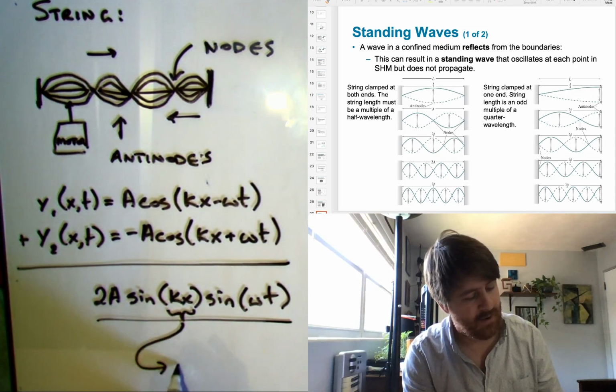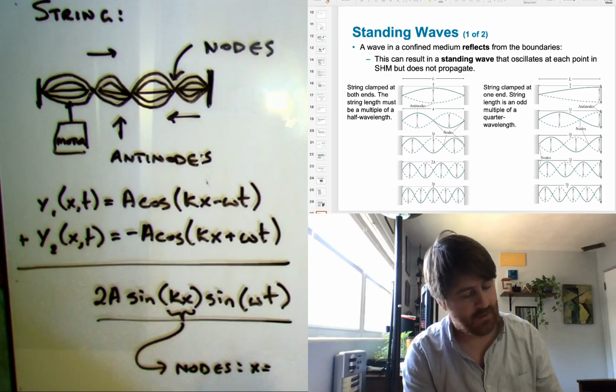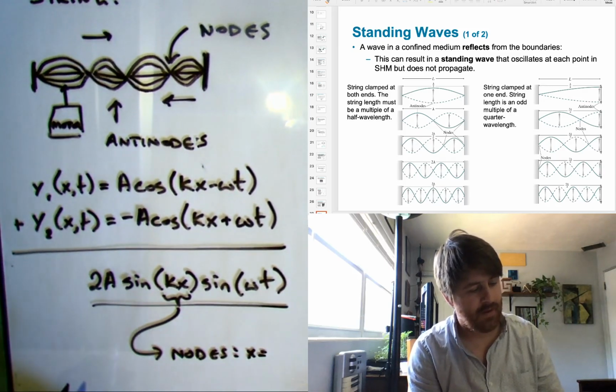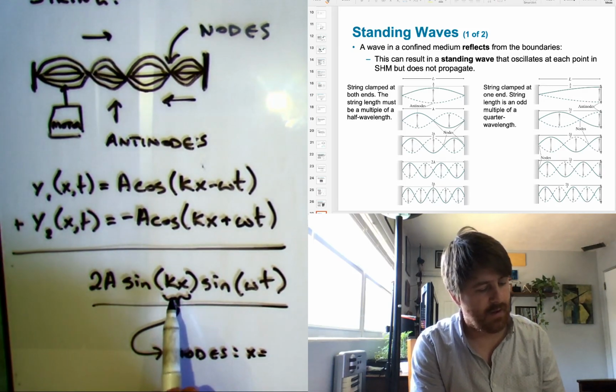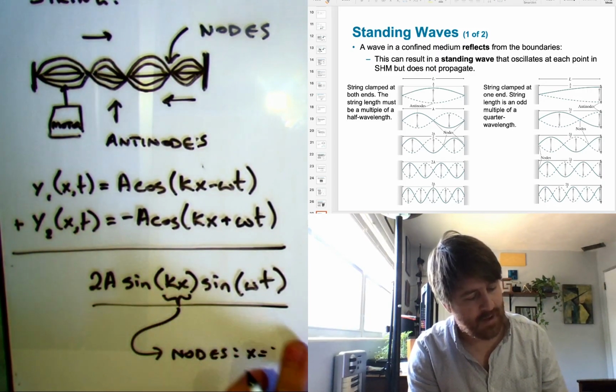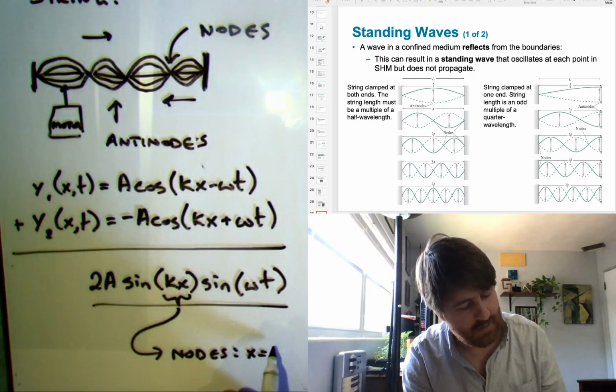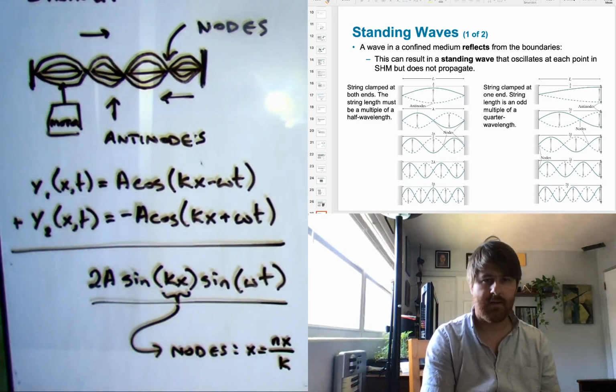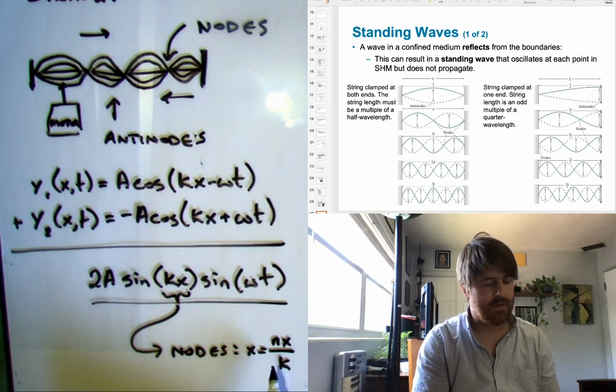Nodes are where x equals 2 pi, or let's say n pi, over k, right? So let's make sure I said that right.